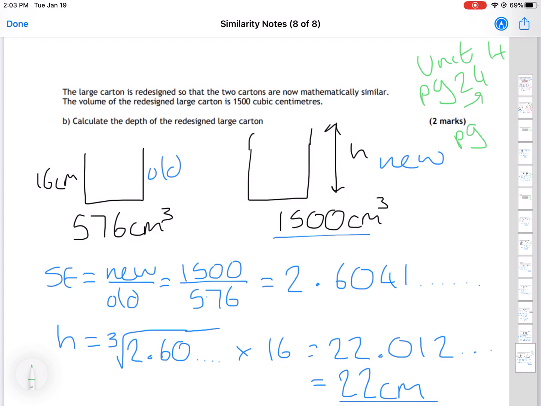So 24 and 25, never mind, not as much as I thought there was, but there will be more given to you as we do these questions in class from past papers.